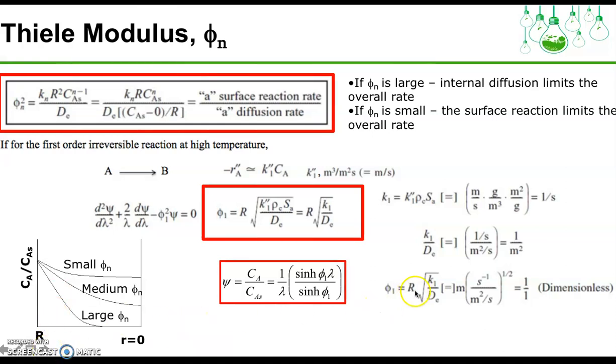The Thiele modulus for a first order reaction is a dimensionless number, meaning no unit. When you do a calculation, it is advised to include the units so that you know in the end your calculation is correct when you have a dimensionless number.